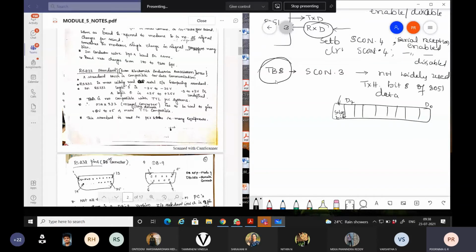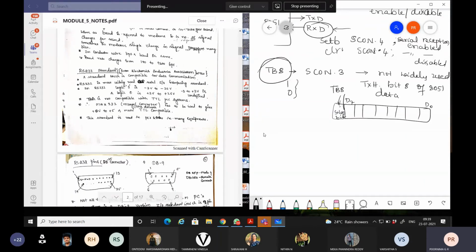By setting a value to 1, 1 will be the transmitted bit. If it is set to 0, 0 will be the bit that is sent after D7. So that is TB8.